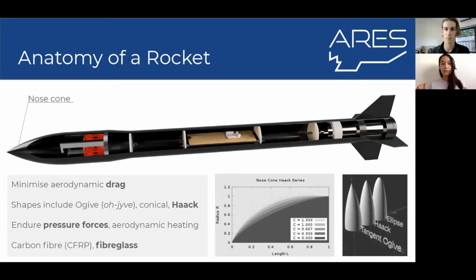The nose cone design can vary depending on the situation, and in particular the speed that the rocket will be traveling at. For low velocity, maybe subsonic airflow, you would want a more rounded type of nose cone, because that helps minimize the drag for the rocket.